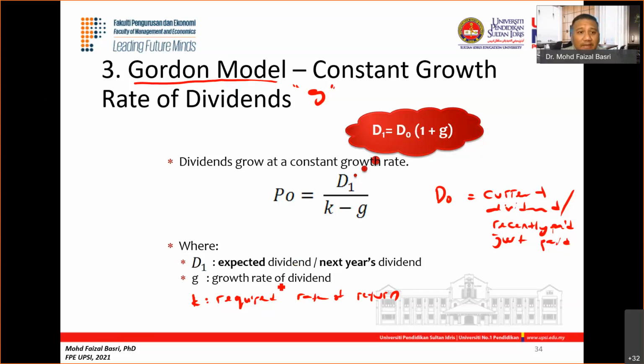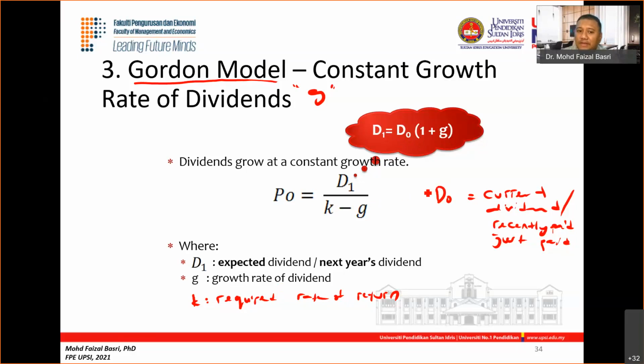Remember the earlier one? Here, to find D1, we multiply by 1 plus G, and then we divide by K minus G.